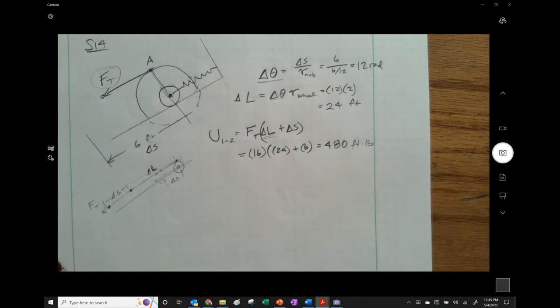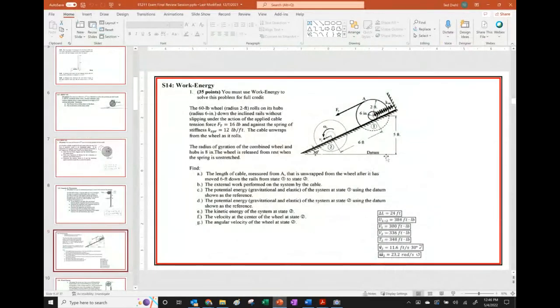All right, so the next stage that I'm asking on that was the potential energy, which is both gravitational and elastic, of the system at state 1 using the datum shown as the reference, right? So in here I told you what the datum had to be.